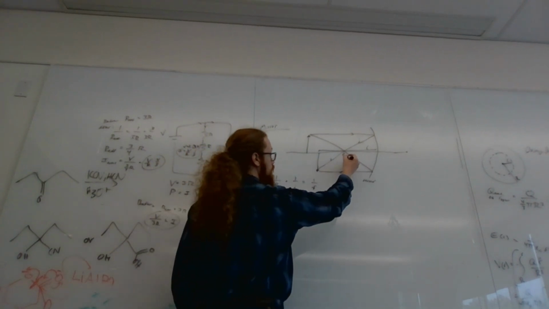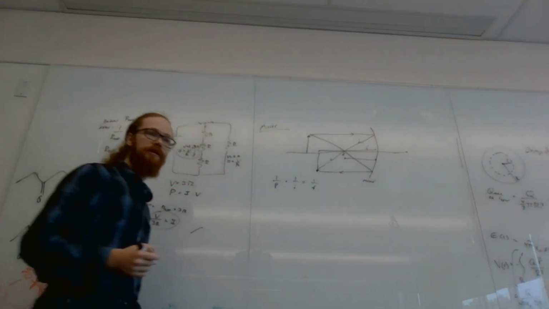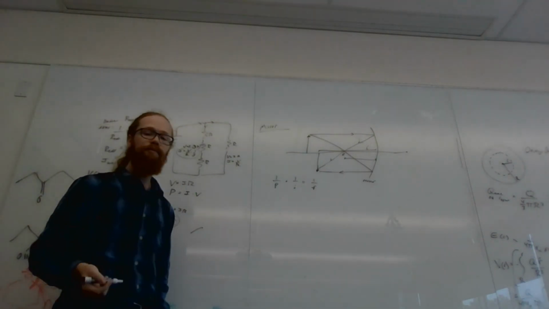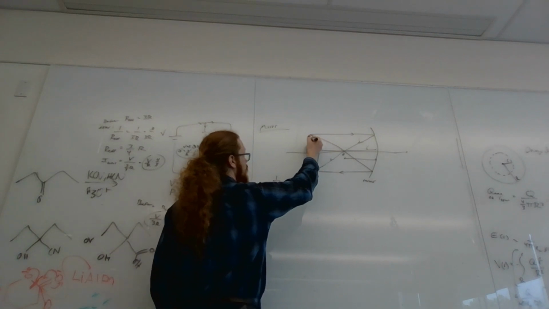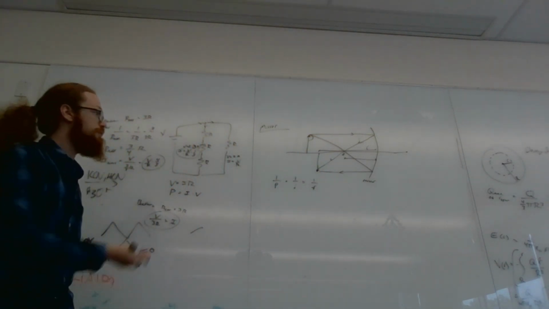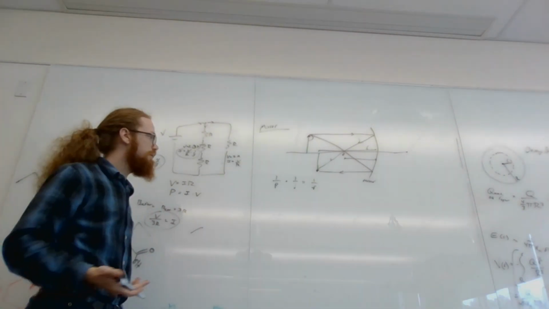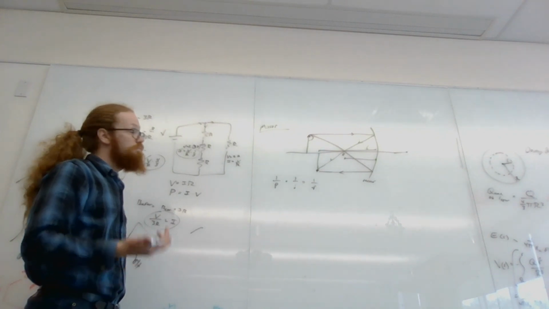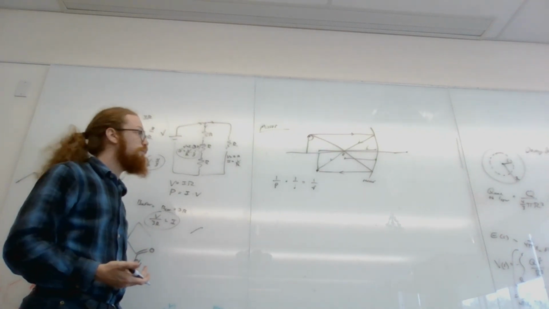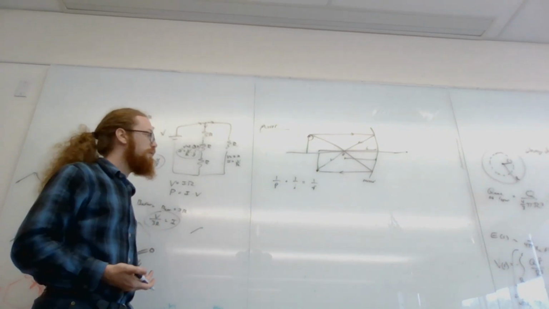F is your focal distance, this guy, and P is your object distance, or it could be O. Personally, when I draw ray diagrams, I have to draw them like that, so that it's a big P arrow. That helps me remember that it's P. Plug in the numbers. Whatever you're given, plug those in. Should be able to solve for everything else.